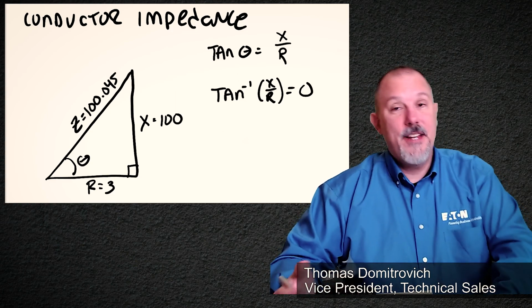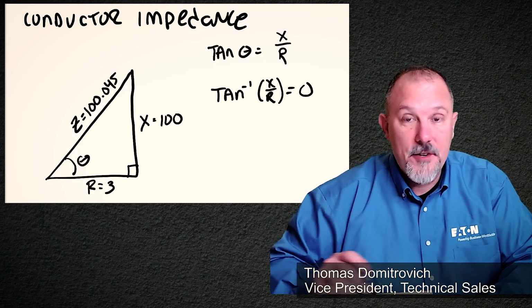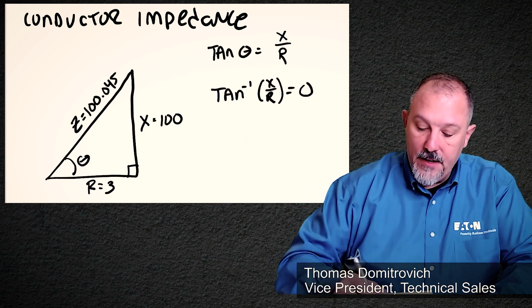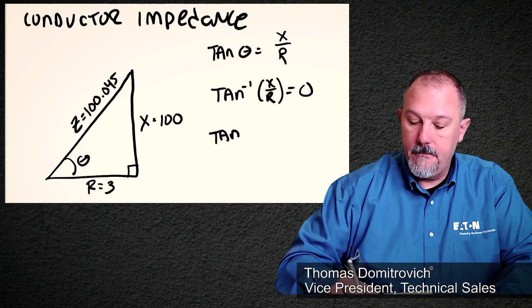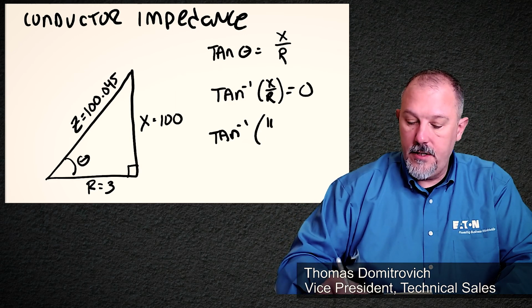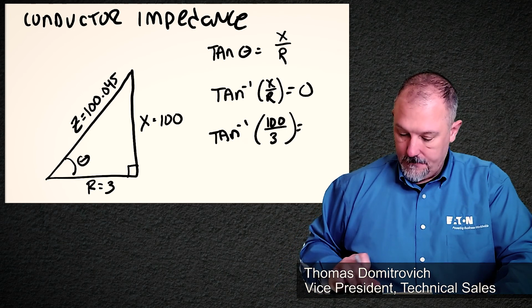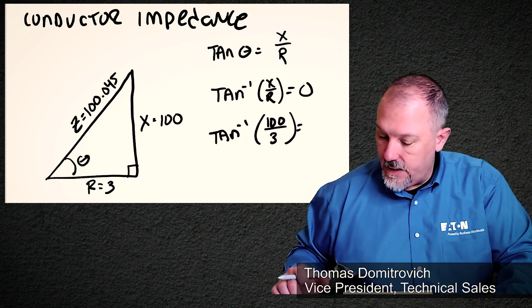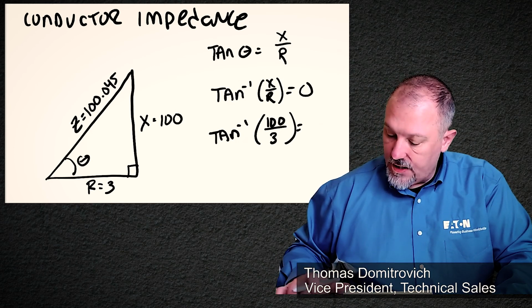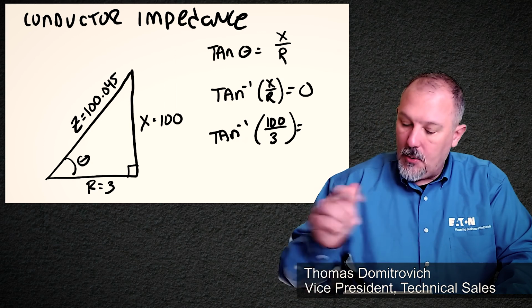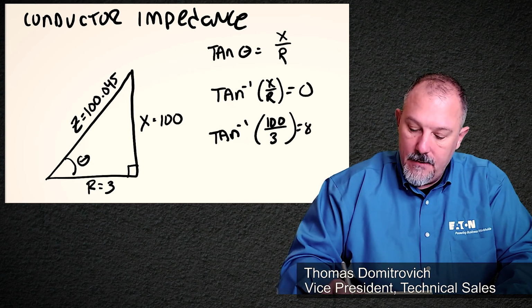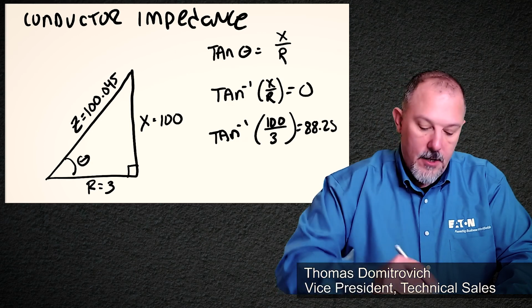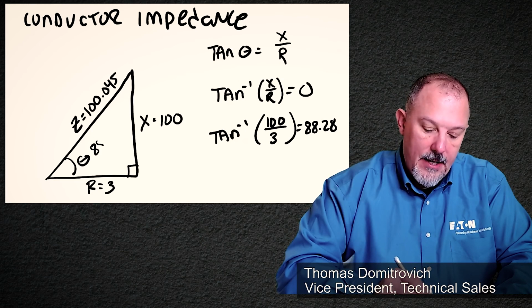An inverse tangent is a function on your calculator. So if I do inverse tangent of 100 divided by 3, I get 88.28. So this angle is 88.28 degrees.